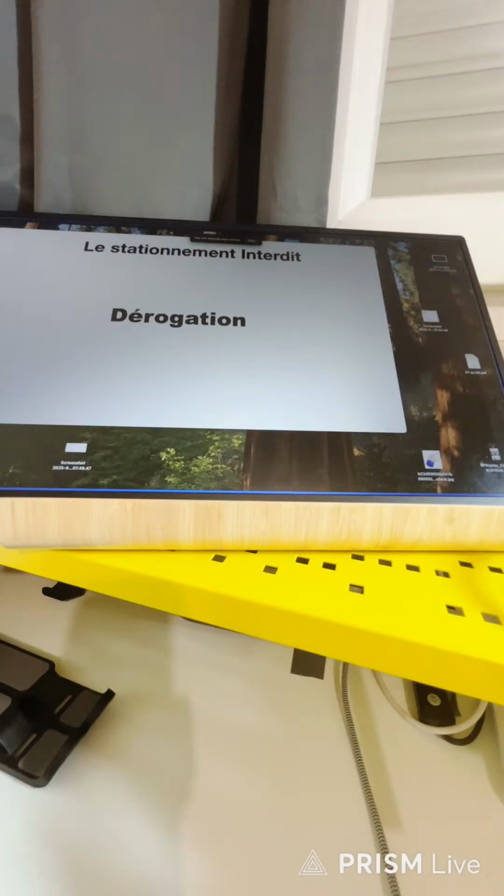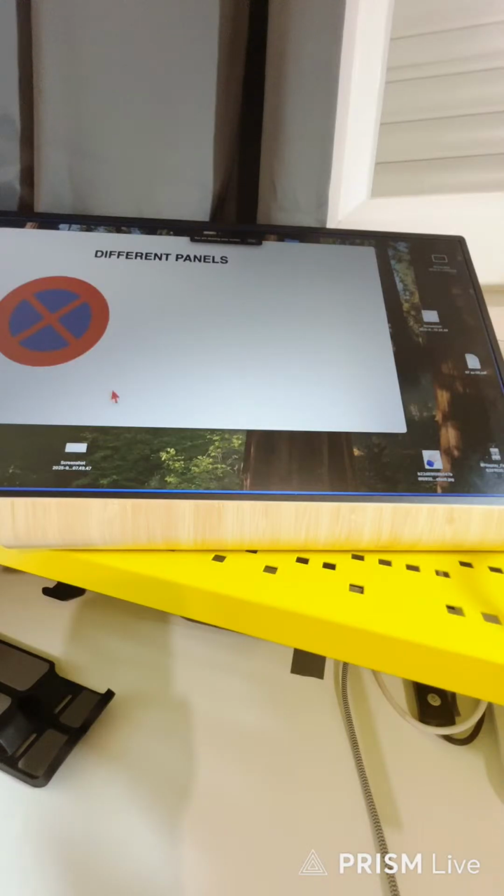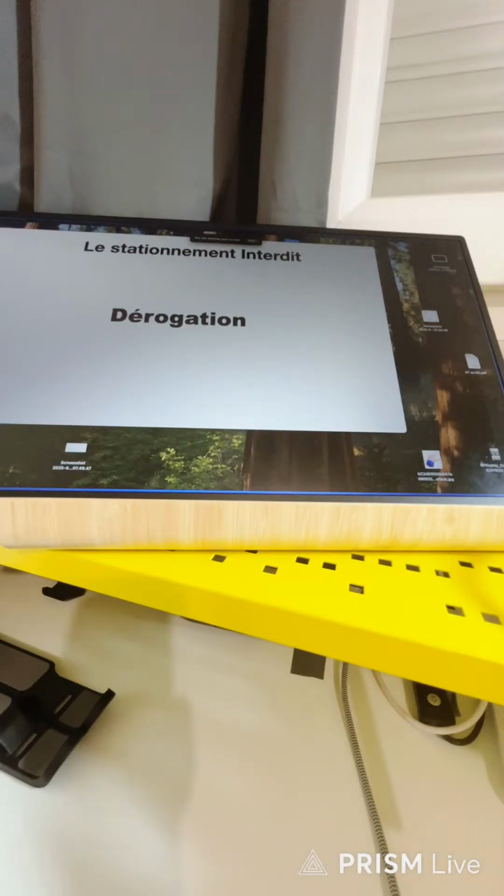Maybe it's a place where they put the sign of no parking, no stopping, and they allow some group, maybe like delivery people, to park, or they allow handicapped people to park and do whatever they are doing very fast. That's what they call derogation. They allow some specific people to park in a specific place where it is not allowed.